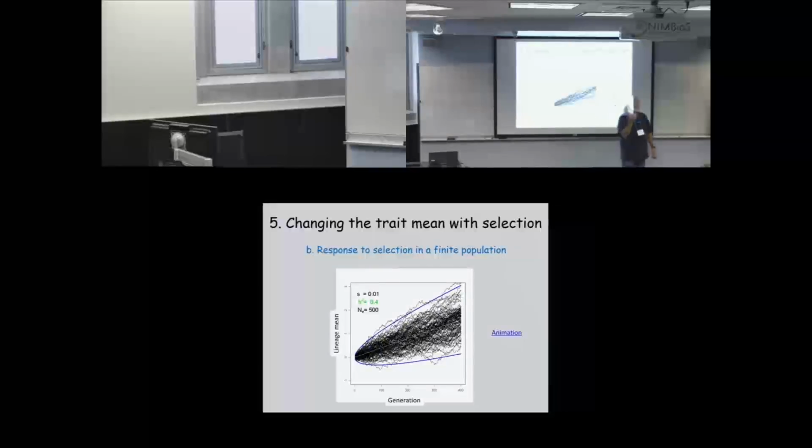But what if the population is finite? If the population is finite, that means there's, just by accidents of parental sampling, even though you're selecting, the selection differential is actually fluctuating under this parental sampling scheme, right? And as a consequence, each generation there's a contribution of drift, of the errors in parental sampling, in addition to the expectation you'd expect in a deterministic model.